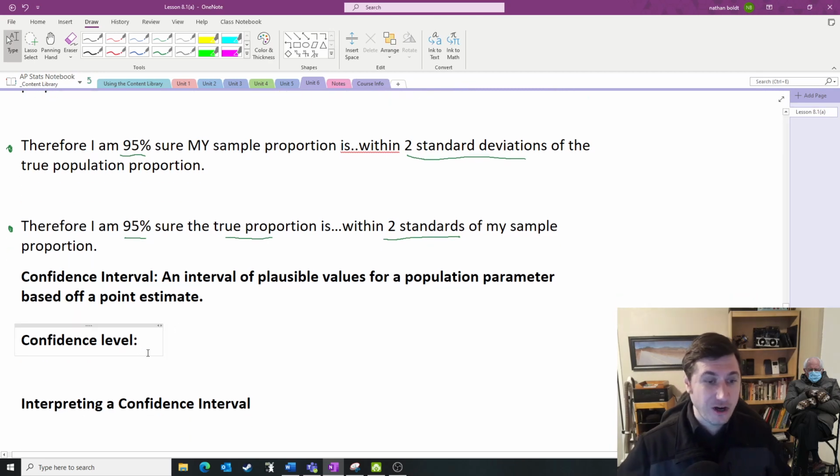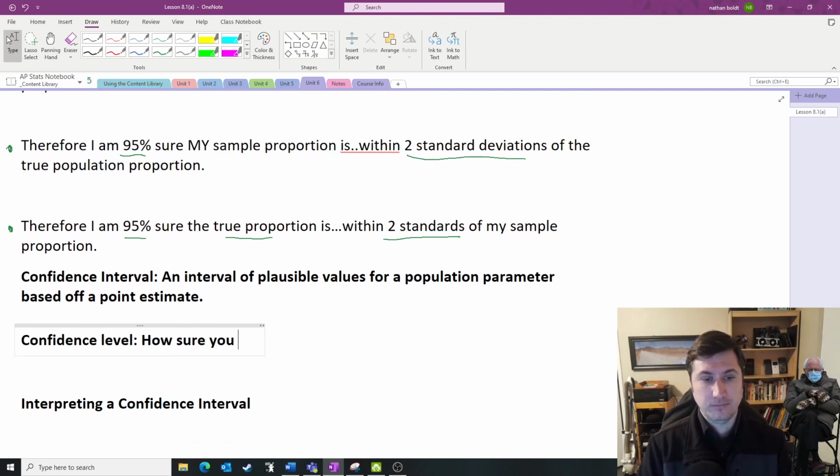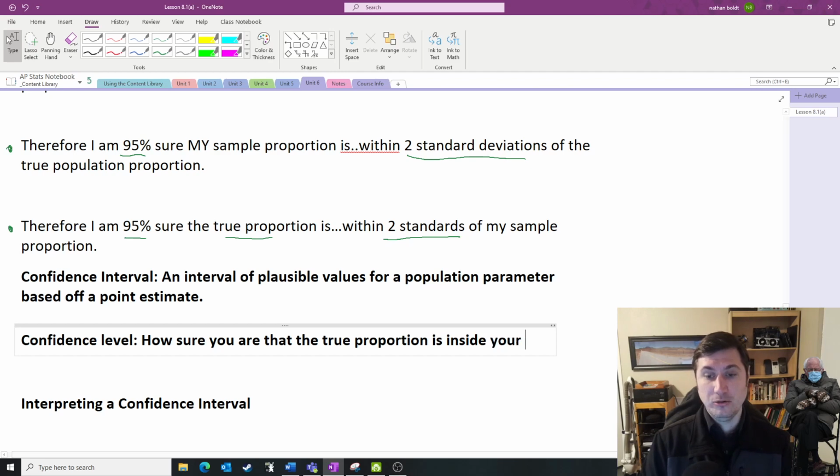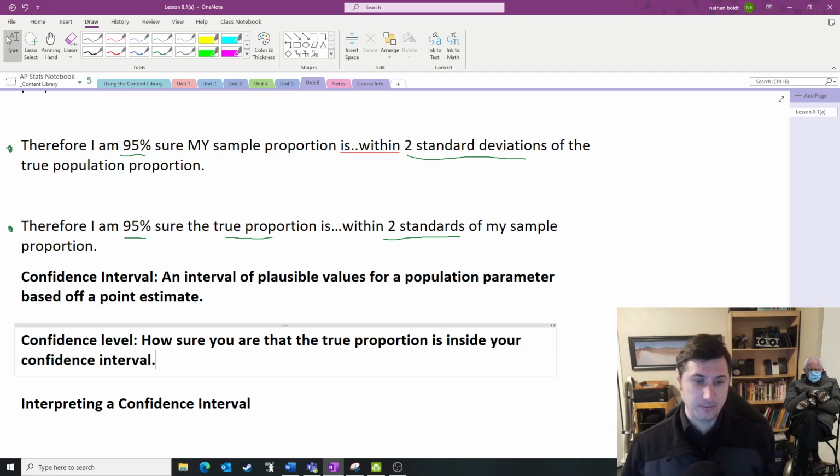All right, a confidence level. This is how sure you are that the true proportion is inside your confidence interval. Okay? How sure are you that the true proportion is inside your confidence interval?